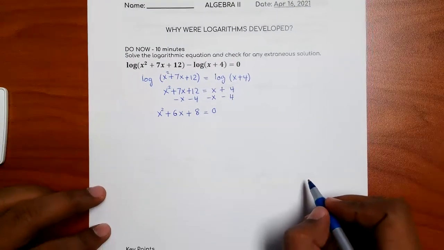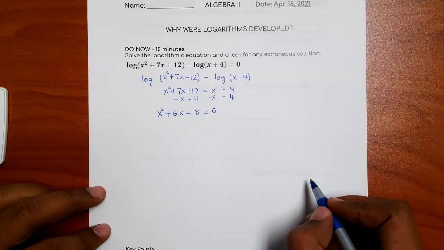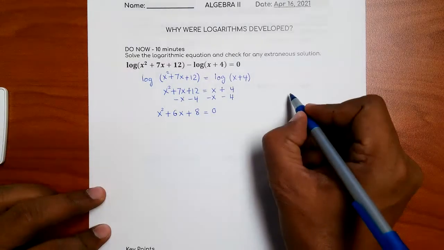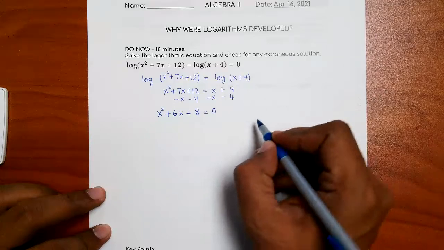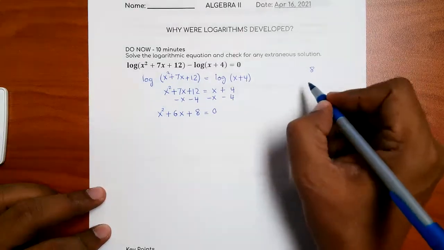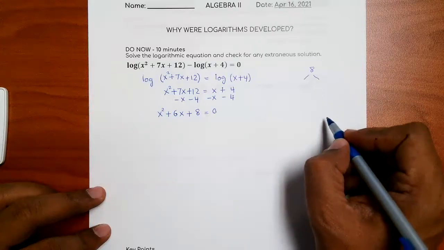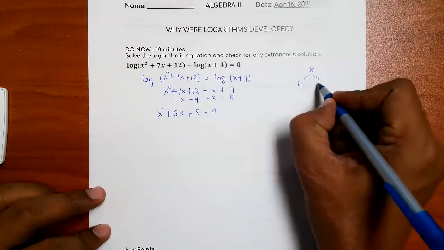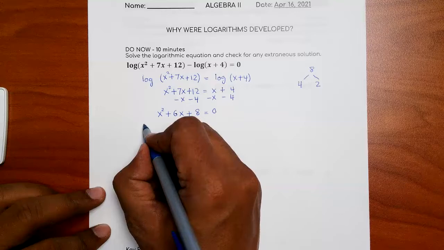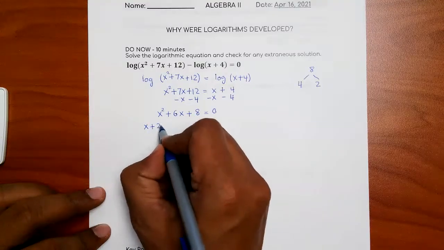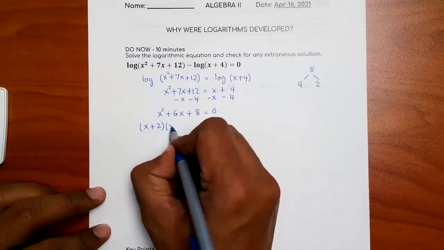This is a quadratic equation, and I need to factorize it in order to solve for x. So I need to find two factors of 8 that give me 8 when multiplied and 6 when I add them. Simply, I have 4 and 2. So I can finalize this as x plus 2 and x plus 4.